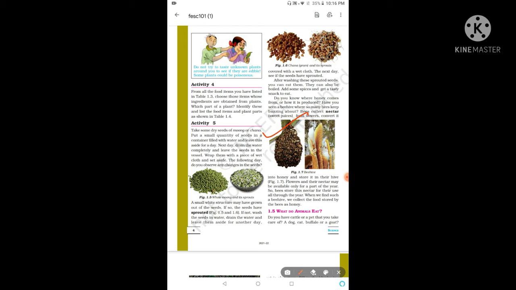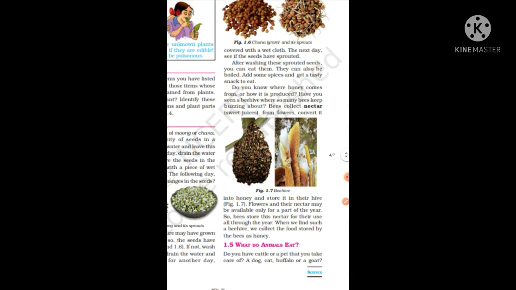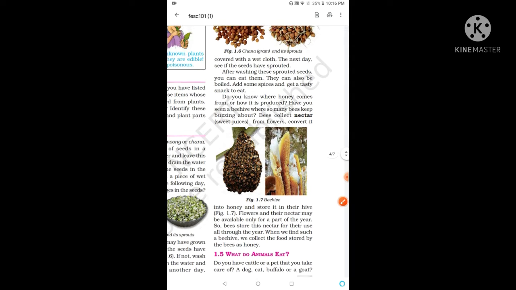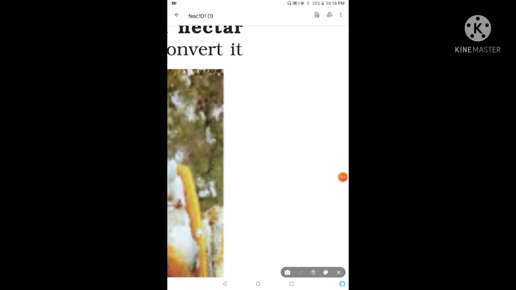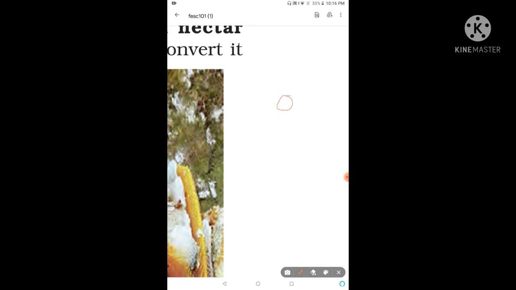So what is nectar? See, bees collect, you all have seen even that bees sit on flowers, right? Bees love to sit on flowers. And wait, let me explain to you in the easiest way. I'm taking this white part, right?